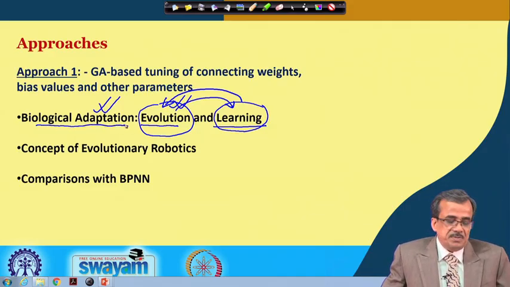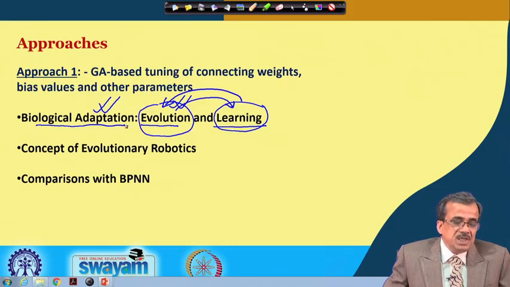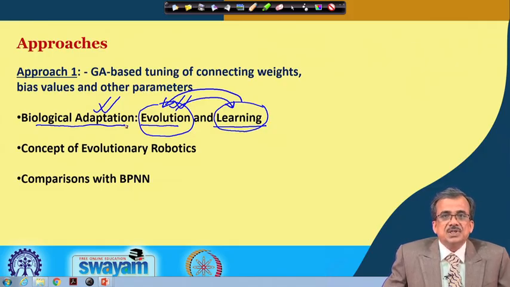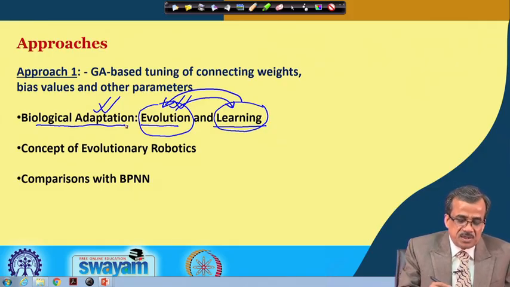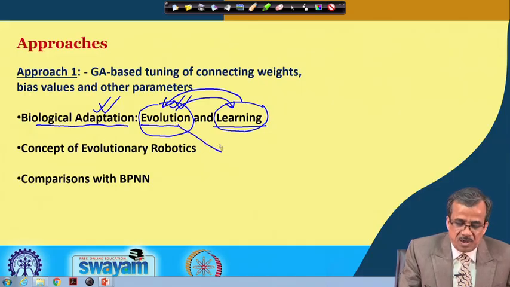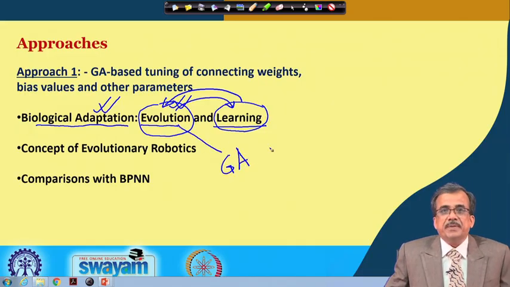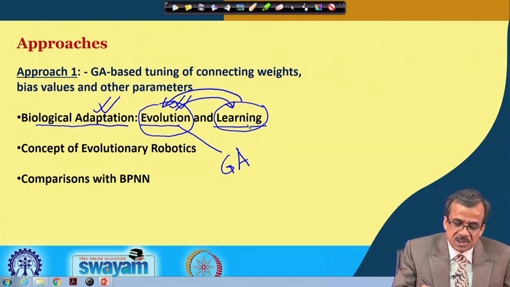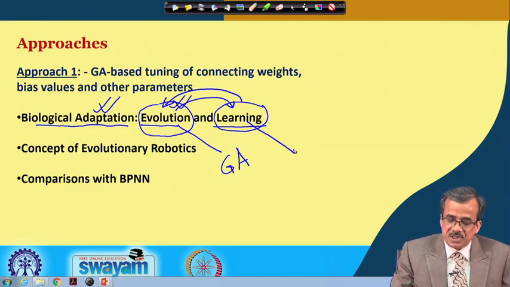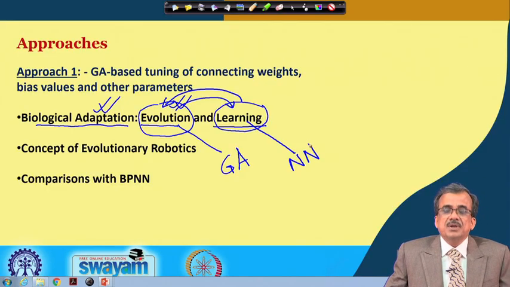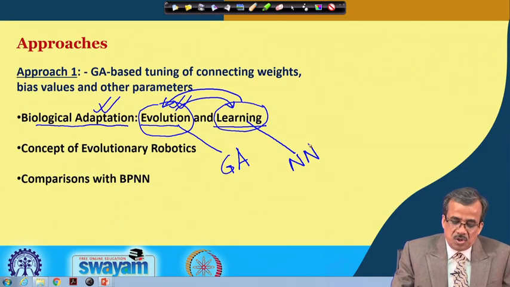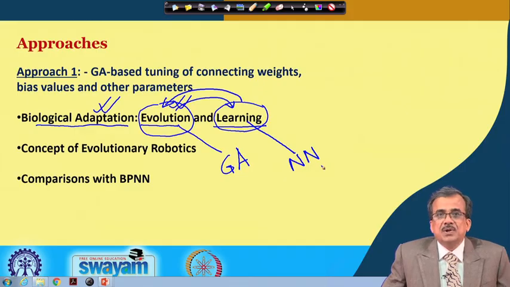The same thing has been copied here, in this genetic neural system. What we do is we use some evolution tool, say a genetic algorithm, denoted by GA, and we use some learning tool, for example a neural network, and in this combined tool, with this GA and neural network, we try to optimize the neural network, or improve its performance.